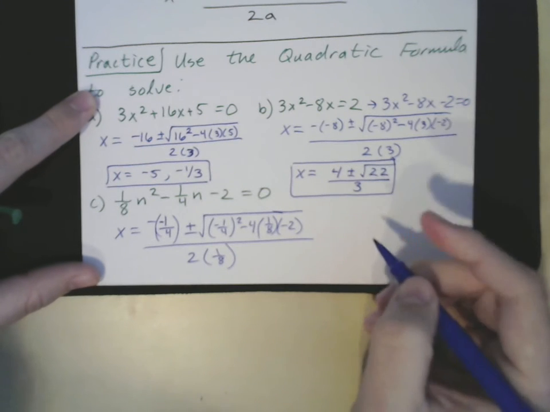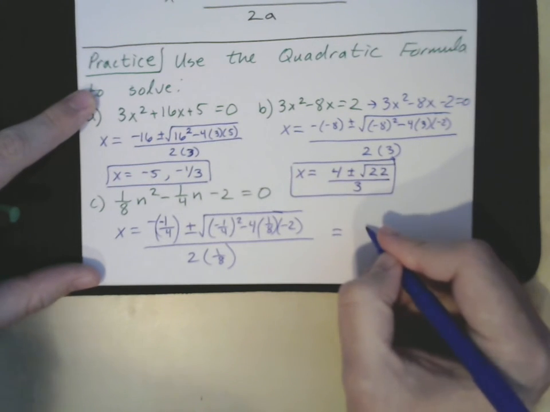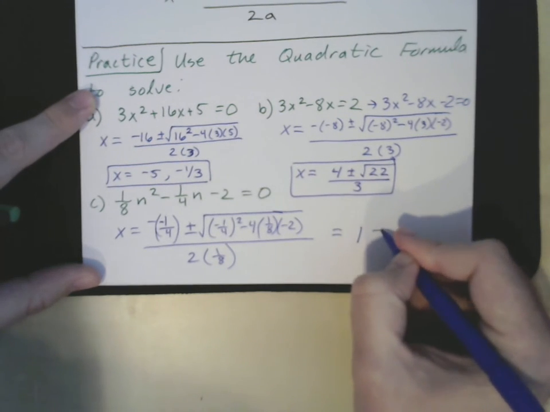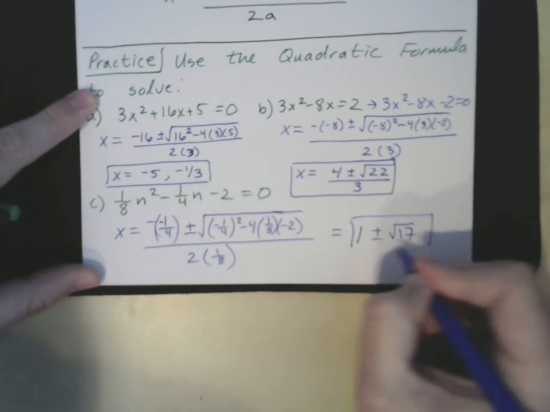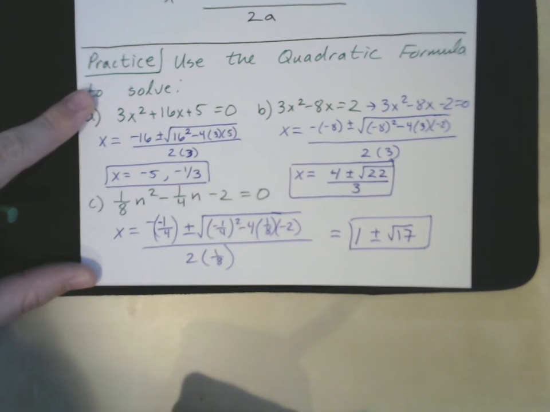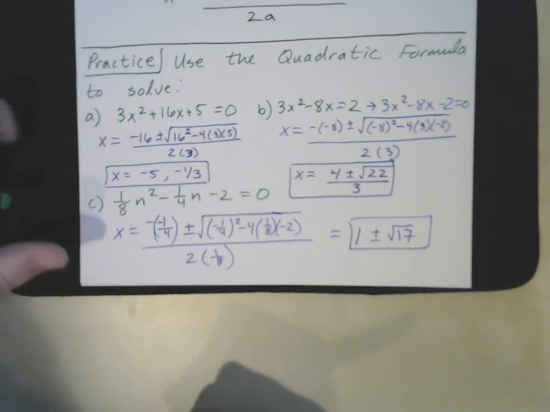And when we simplify this completely, we get 1 plus or minus square root of 17. That would be our final answer for part C.